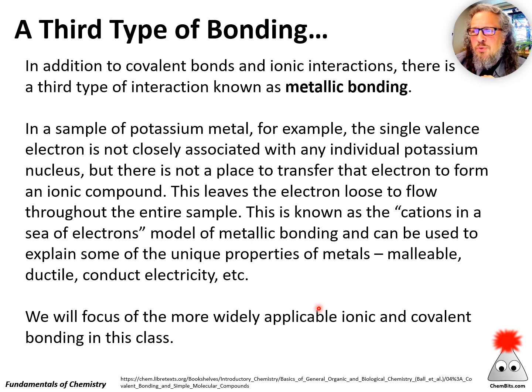So sometimes this is referred to as the cations in a sea of electrons model, with the metal cations and a very loosely associated sea of electrons flowing around them. As I said, we're not going to focus on these a whole lot. I just wanted to mention them for completeness as we're talking about different types of bonding.